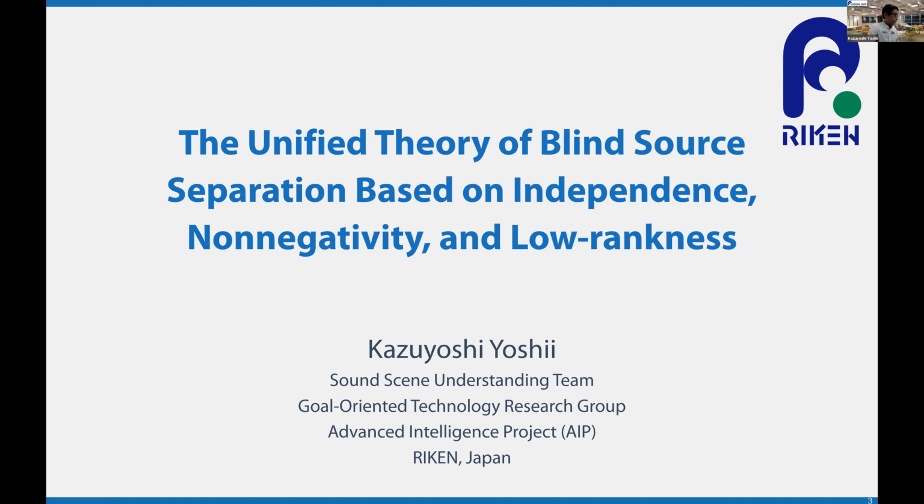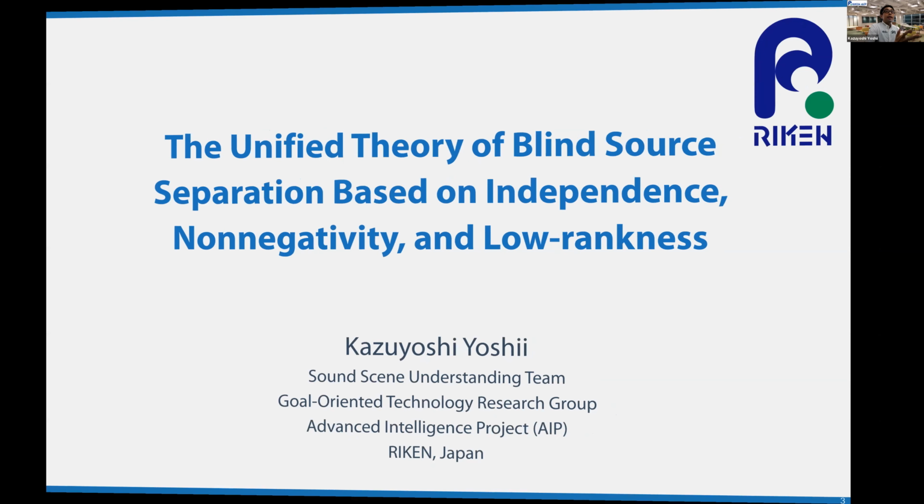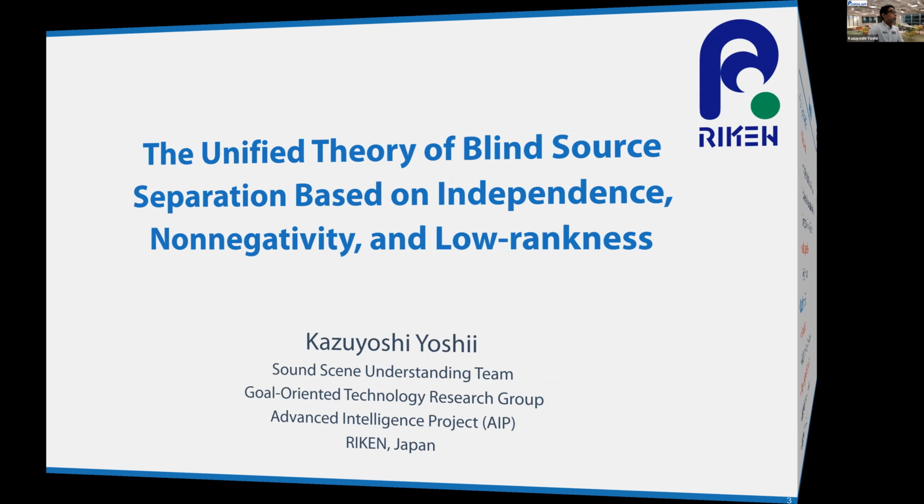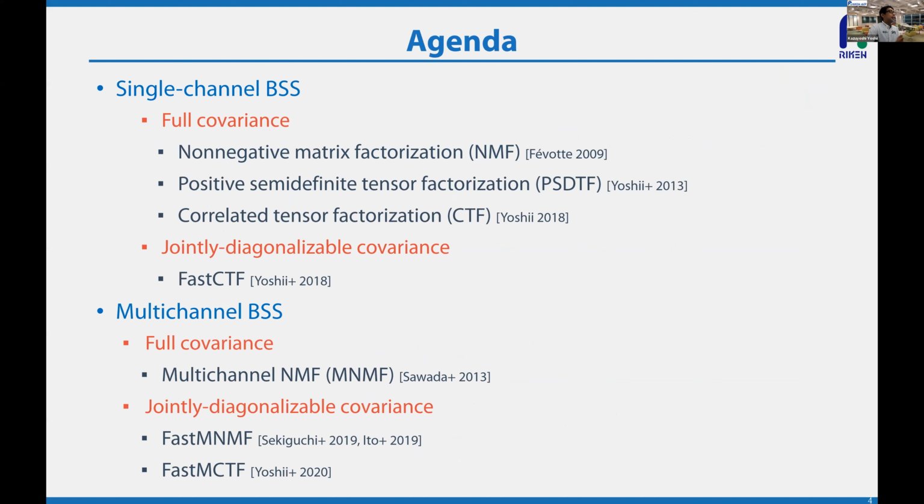Okay, so the title is the Unified Theory of Blind Source Separation based on independence, non-negativity, and low-rankness. Here is the agenda of my talk. First, I will introduce single channel blind source separation methods.